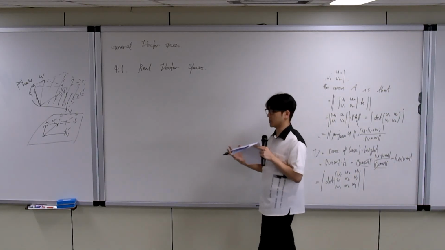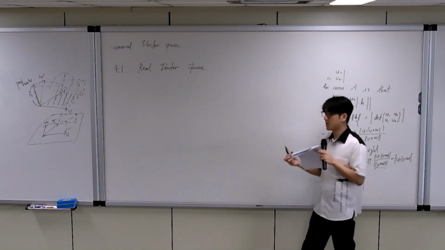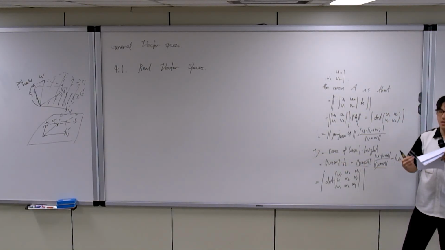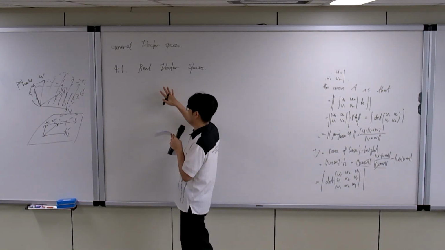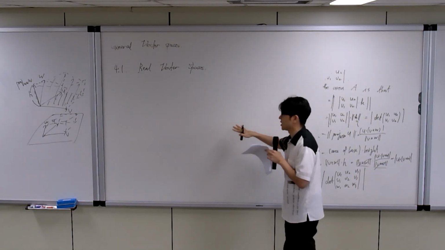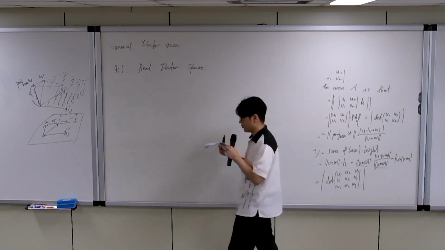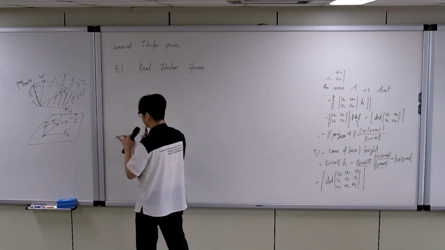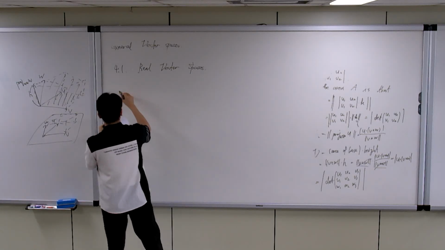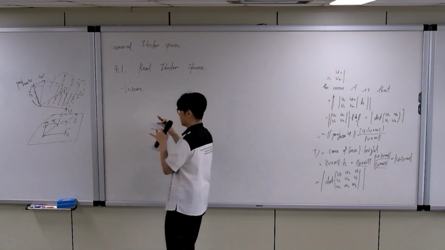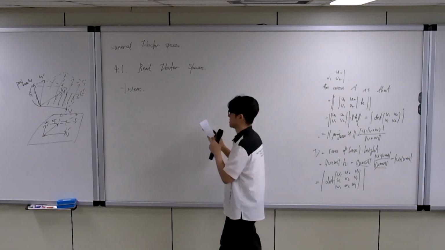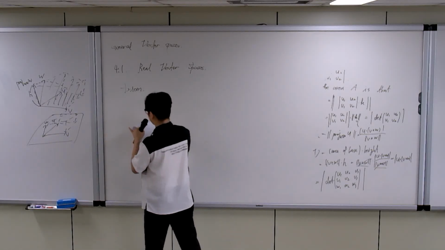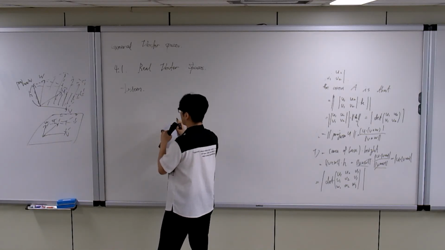We focused on these four properties, and by searching for some properties from them, we constructed the vector space over the real field. And I want to generalize from this real vector space to just a vector space.